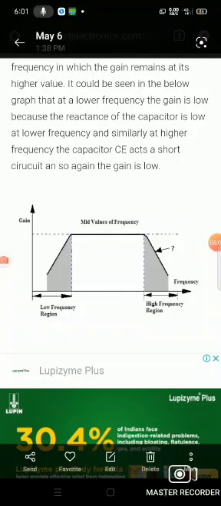But between the lower frequency region and the higher frequency region, we have one more region, the middle frequency region. In that region the capacitors don't perform any operation between the input and output of the amplifier. So there we get the maximum signals, amplitudes or gain in that particular frequency region.